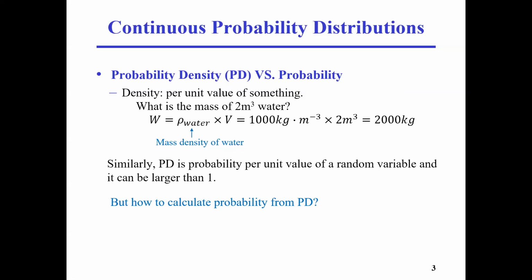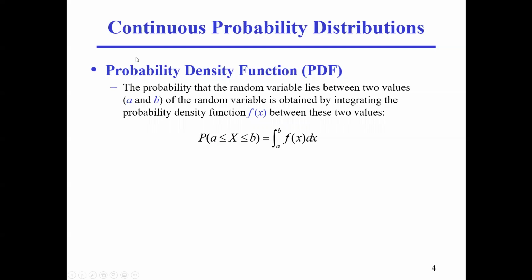Similarly, we need to multiply probability density by something to get the probability. How to do that? The probability that the random variable lies between two values, let's use A and B, is obtained by integrating the probability density function between these two values.